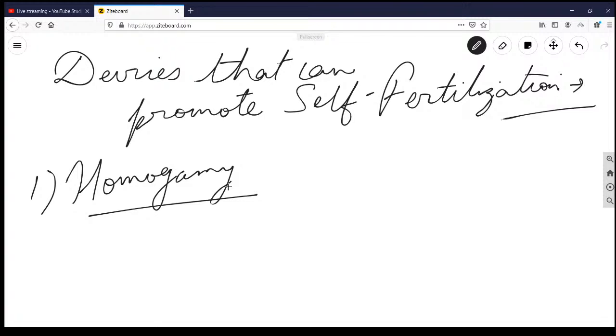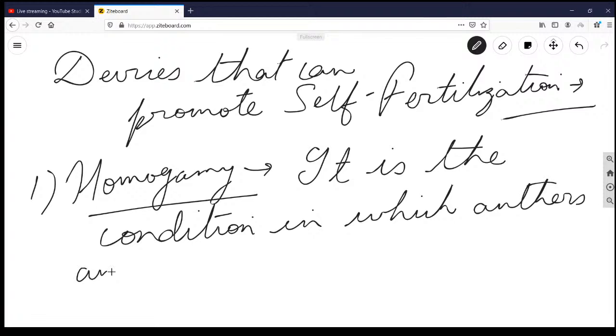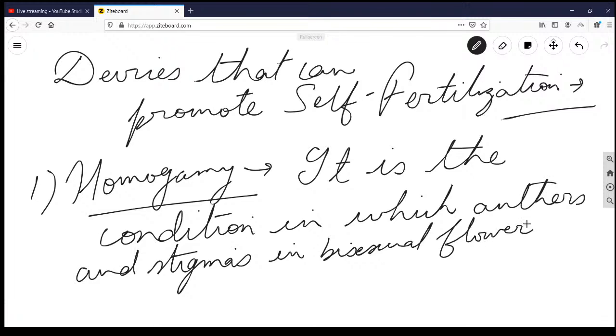It is the condition in which, as I just explained, anthers and stigmas in bisexual flower attain maturity at the same time.